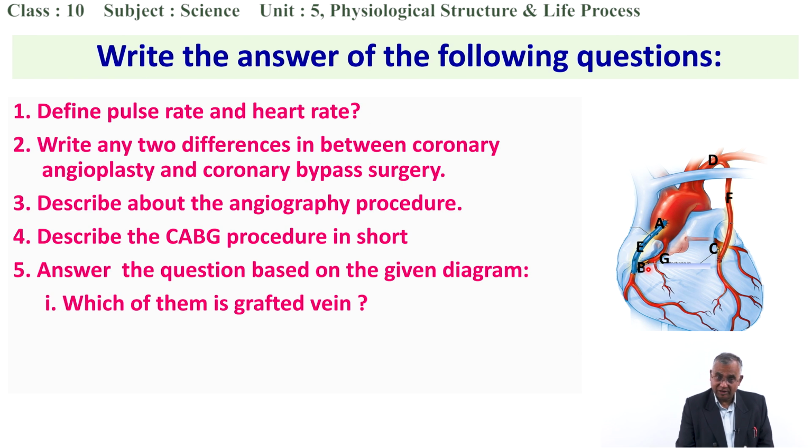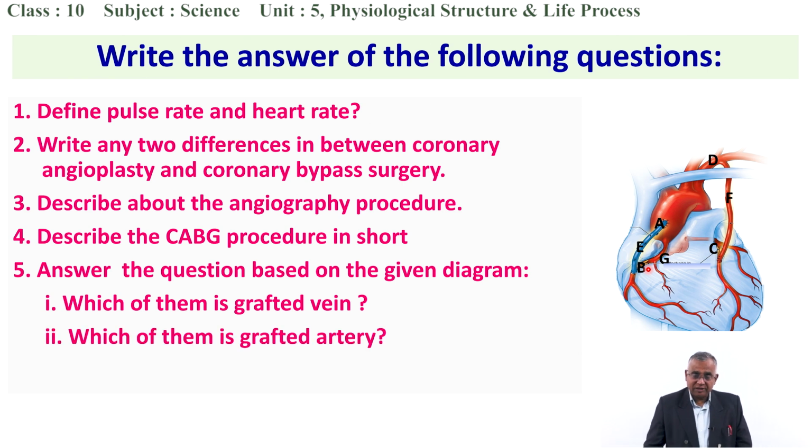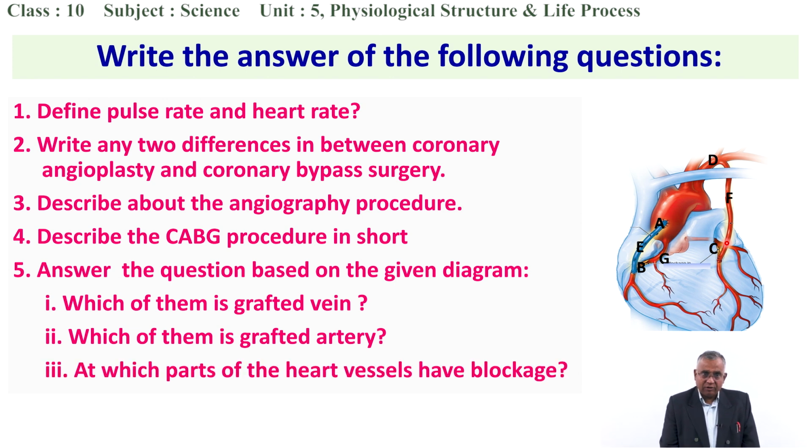Which of them is grafted artery? Very easily you have got, that is F. Next, at which part of the heart vessels have blockage? You can guess that here B, and C. Yes, they are the blockage.